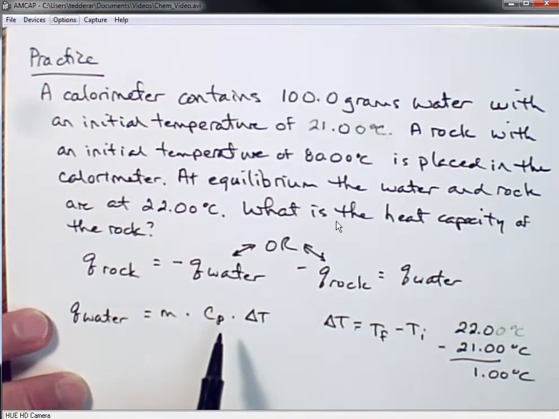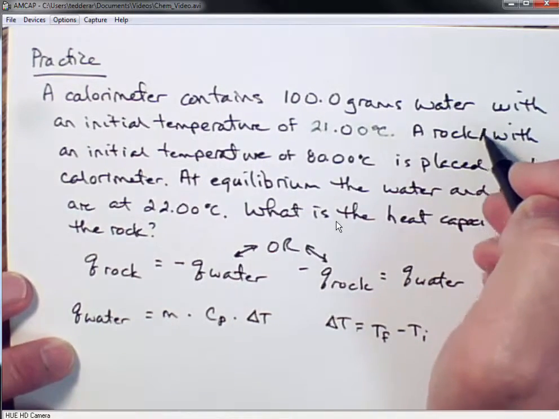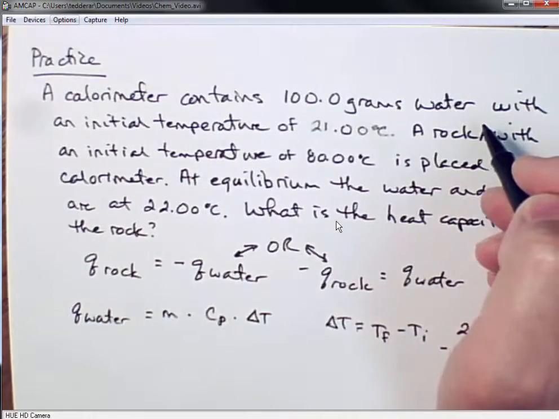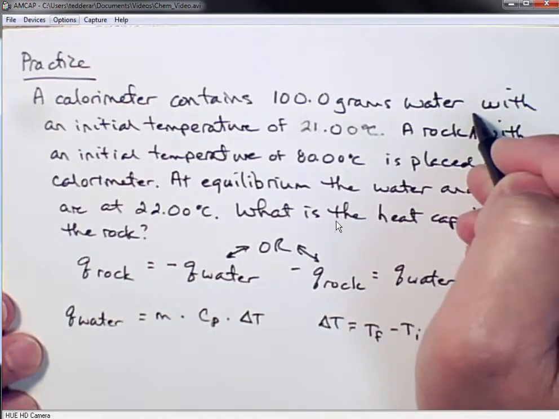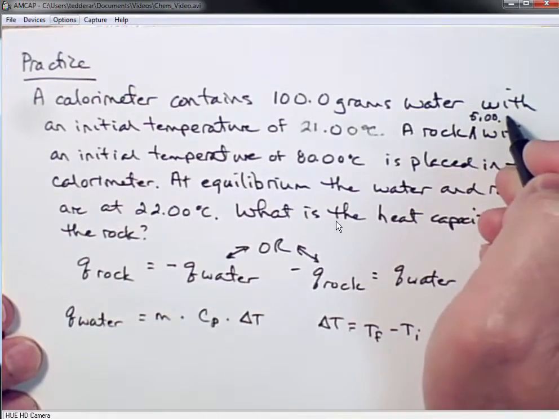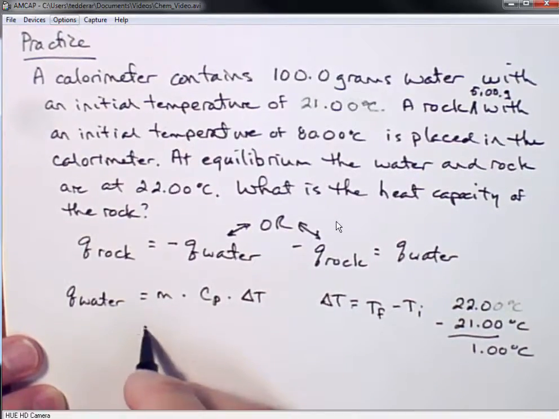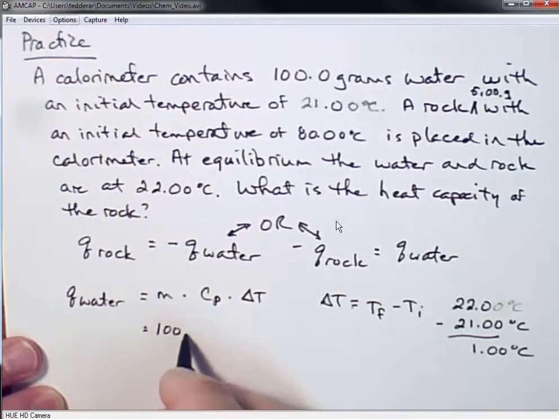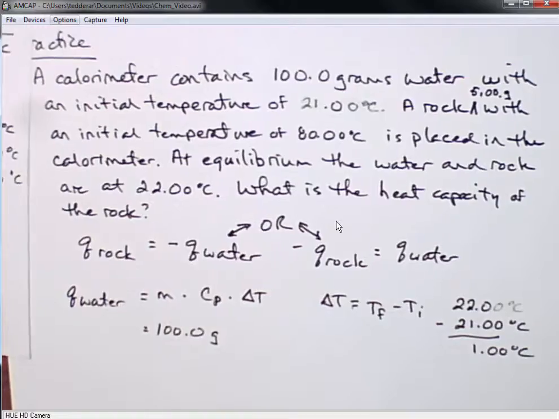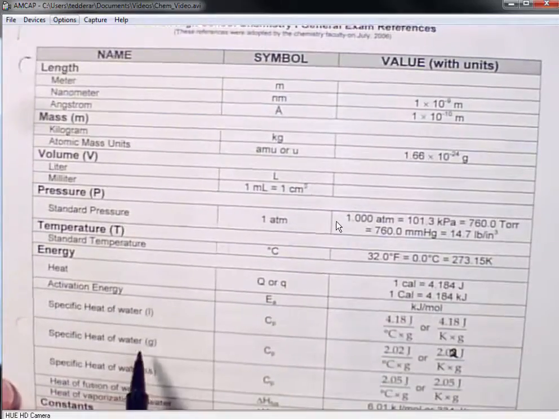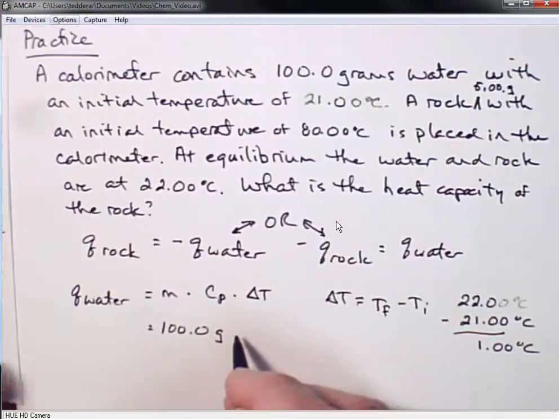We've got a mass for the rock and a mass for the water. Hope I didn't put in the mass for the rock. The rock's mass is going to be, let's say, 5.00 grams, okay? That's our mass for the rock. The mass for the water is 100 grams. Our specific heat for water, it's on your test references. Liquid water specific heat, 4.18 joules per degree C per gram.